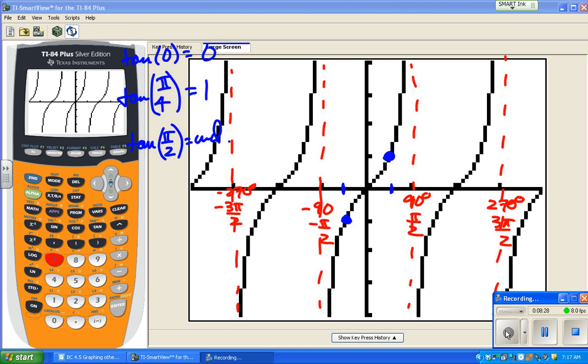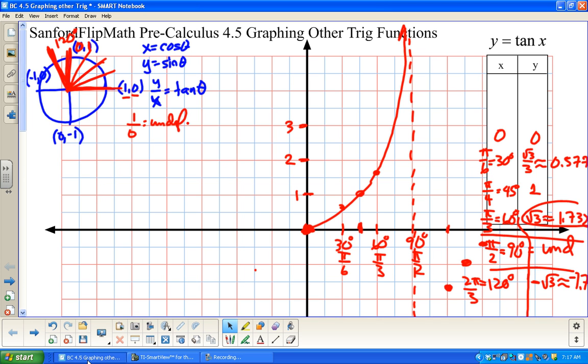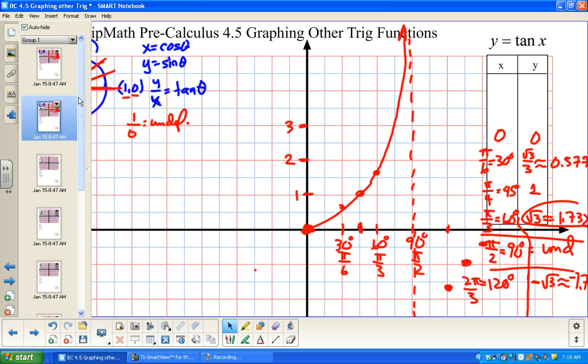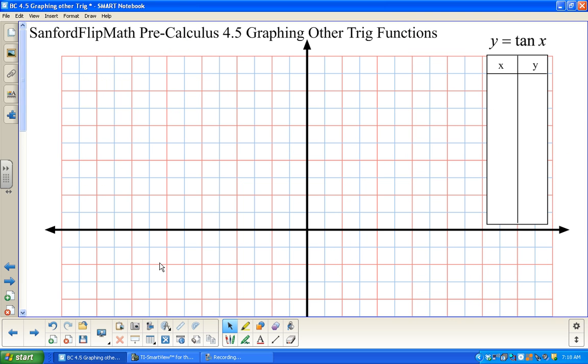Okay, so I want to go back and do a tangent graph again. I just want to do it without the table, so let me clear it. Okay, so again, what we're going to do is y equals tangent.